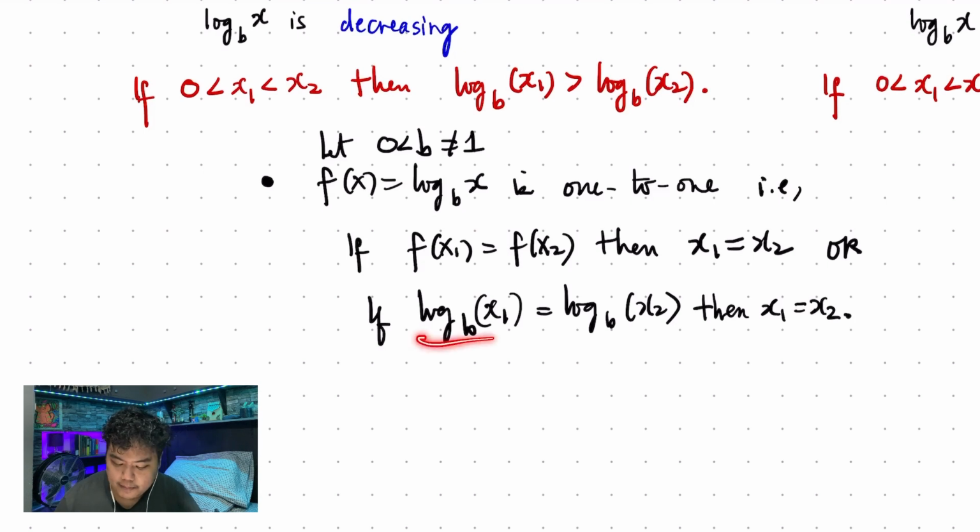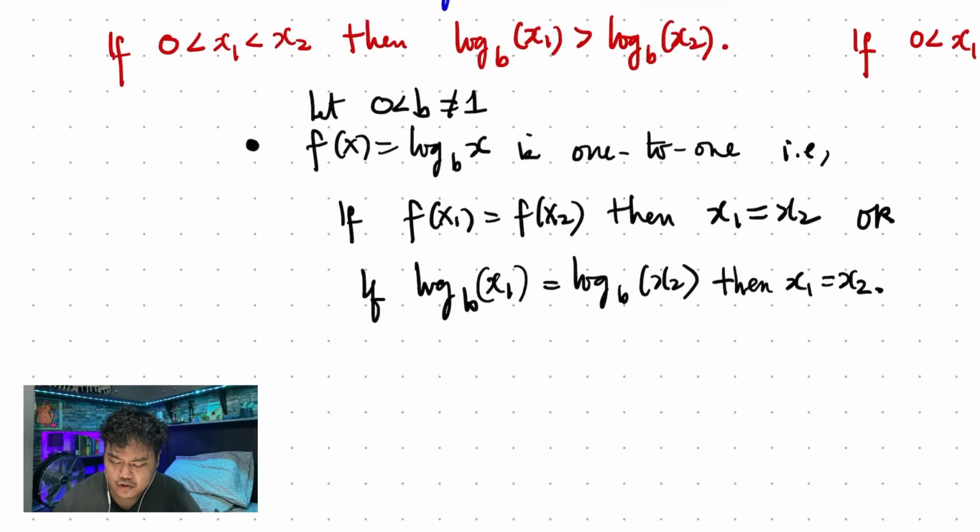So, ibig sabihin, pag pareha yung logs nila, pwede mong cancelin na alisin yung log base b. May tawag daw dito, so nung high school ako, ang tawag ng teacher ko, antilog. Antilog daw ang tawag.